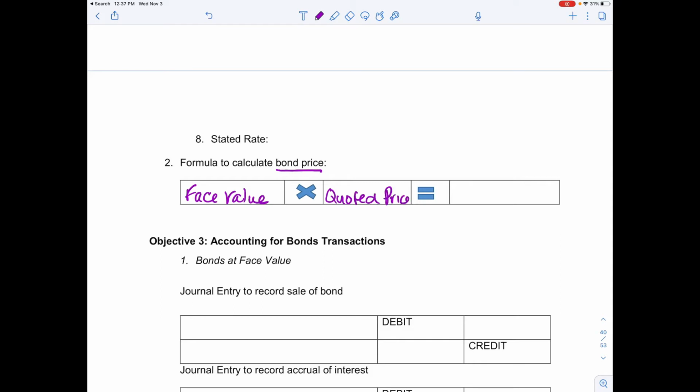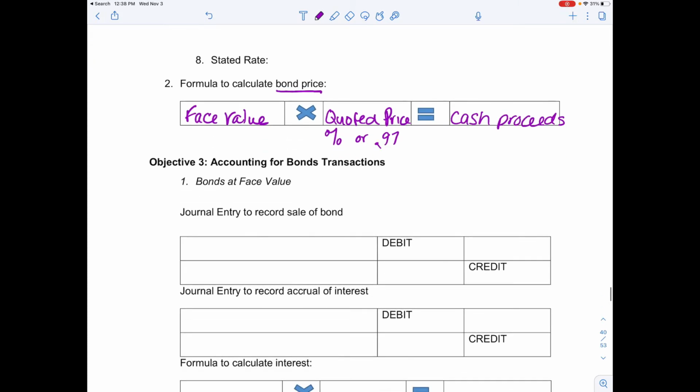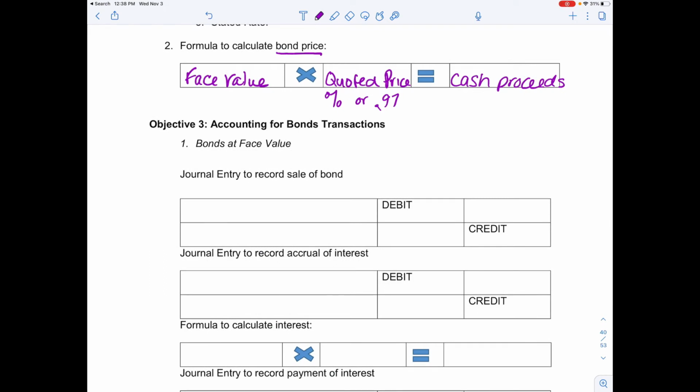This is usually given as either a percentage or a 0.97 or just even 97%. And that's going to give you your cash proceeds, or how much money you're getting in exchange for these bonds. That'll make a little bit more sense as we go through some of these journal entries.